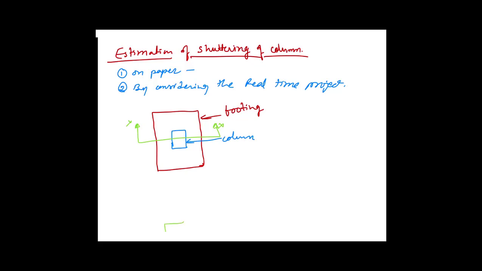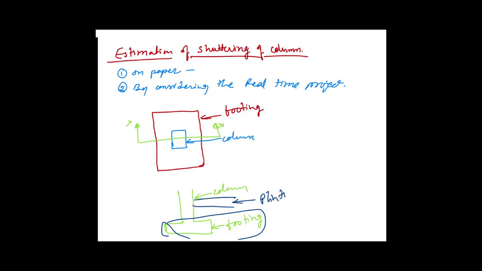It looks like this. In the last video lecture we had already discussed this footing part, and somewhere here we get a plinth beam also. We have seen how to find the shuttering quantity of that also. So today let's jump to today's topic. Consider a column.